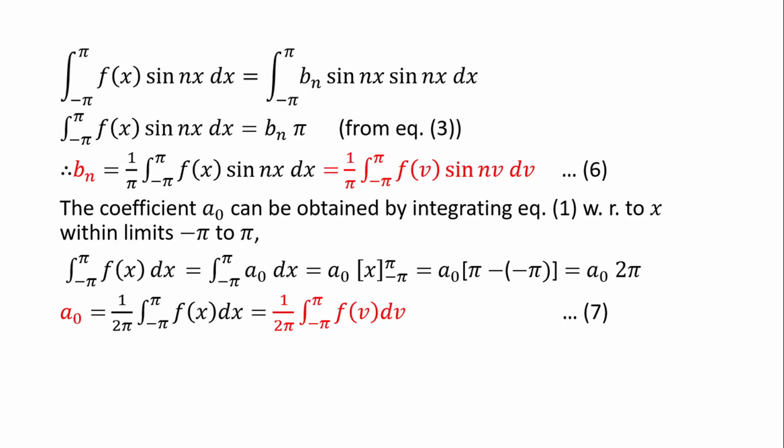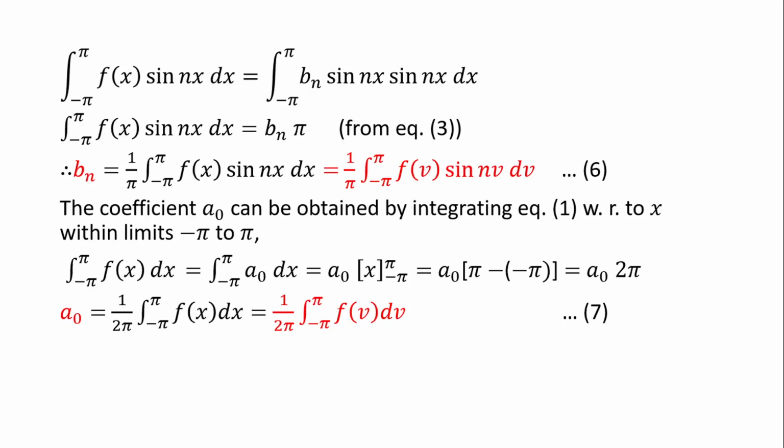And in this way a0 is equal to 1 by 2 pi times the integral from minus pi to pi of f(x) dx. So it is a0 equal to 1 by 2 pi times the integral from minus pi to pi of f(v) dv, where x is conveniently replaced by the new variable v.